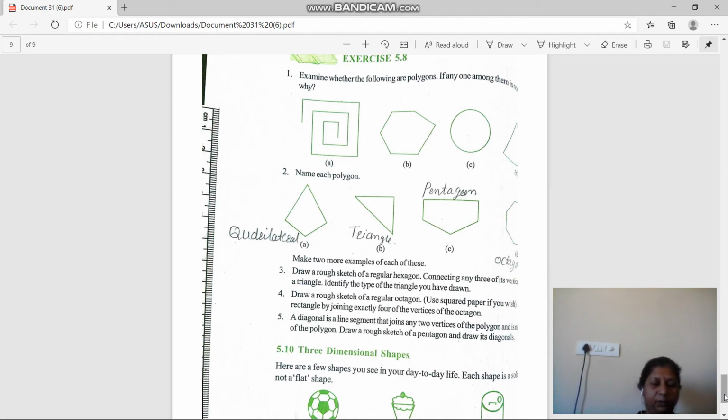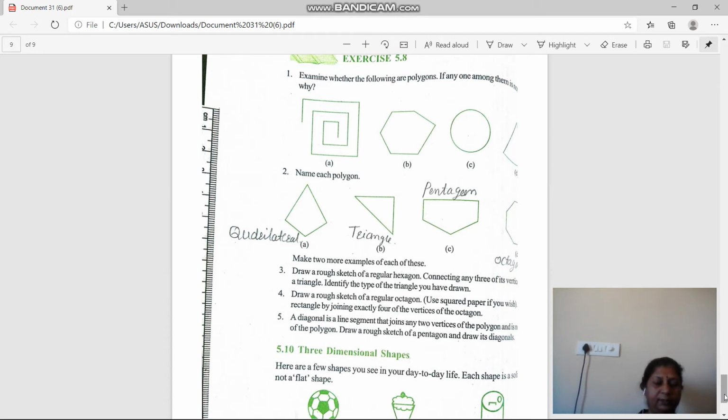Each side of the cube, it is not only about the cube. We can take a cuboid, a prism, a pyramid, whatever it may be. Each side of a cube is a flat surface, and this flat surface is called a face. A flat surface of any three-dimensional figure is called a face.